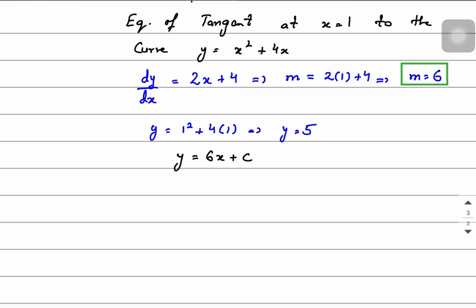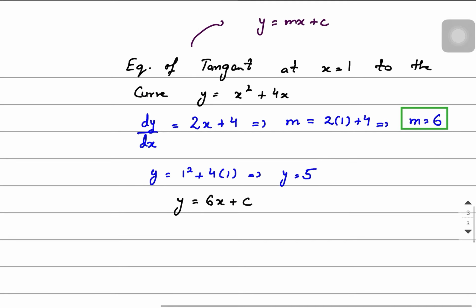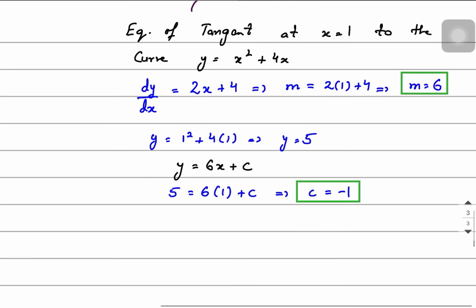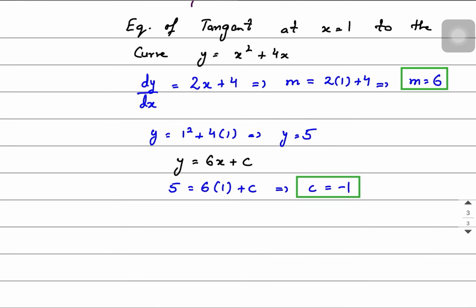If I don't have any value of c, how can I get that value? It's very easy. We have already done that in coordinate geometry. The value of y is 5. The value of x is 1. And finally, I will get the value of c, that is going to be 5 minus 6, that is minus 1. So I have got the value of c.